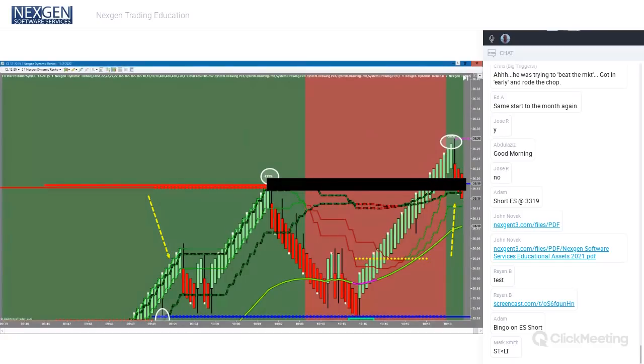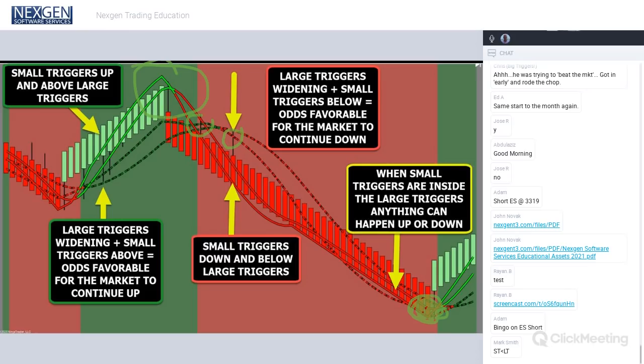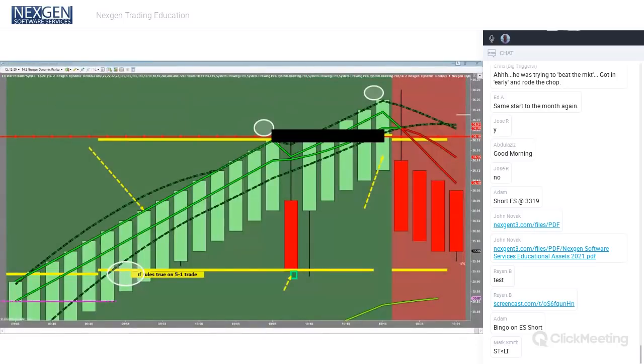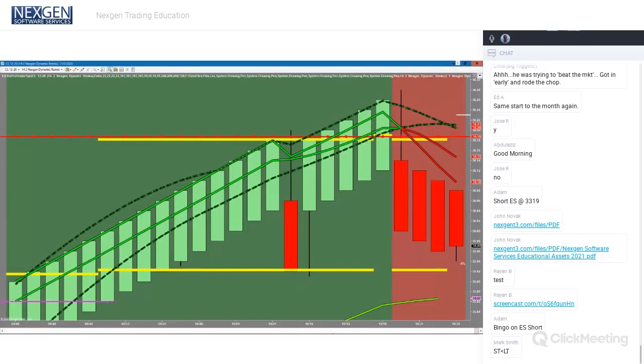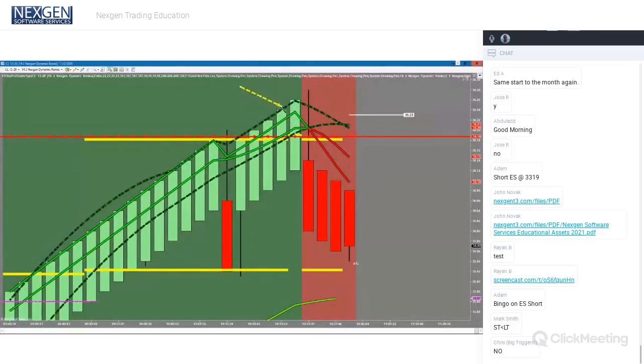What it means is you have to have incredibly strong triggers to take a breakout. Small triggers really strong up, or remember our 50-50 look? Strong triggers down and really far past. So I want you to judge it for me. Do we have really strong triggers past the fib? When you evaluate the trigger strength right here, what do you see?